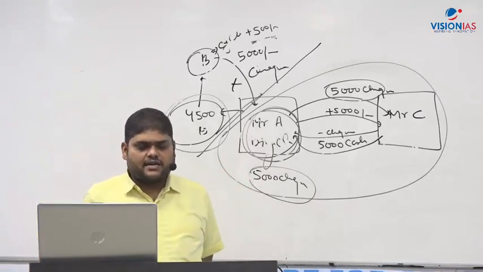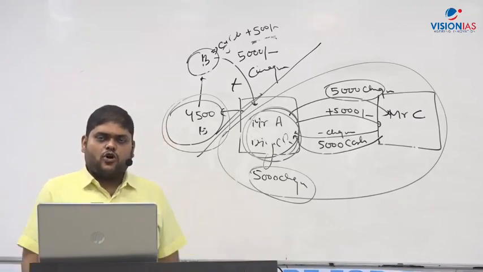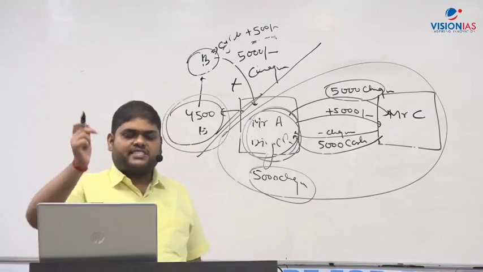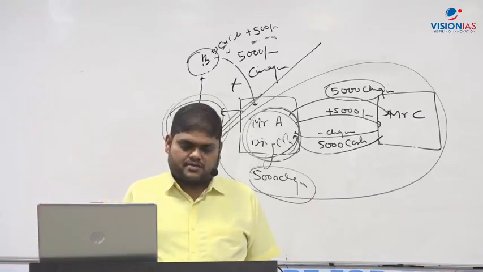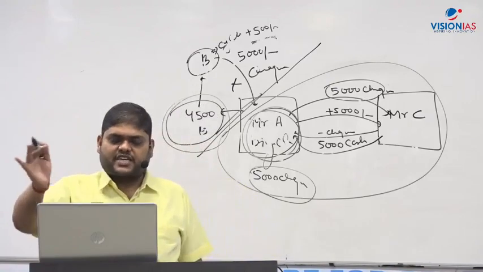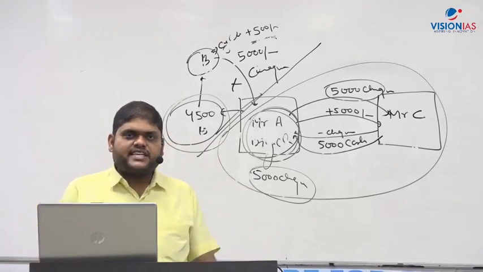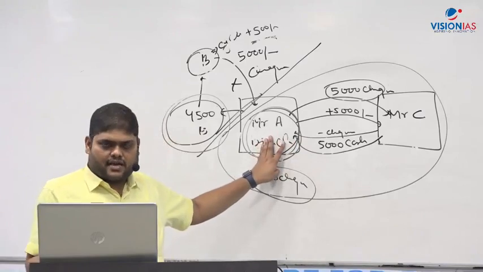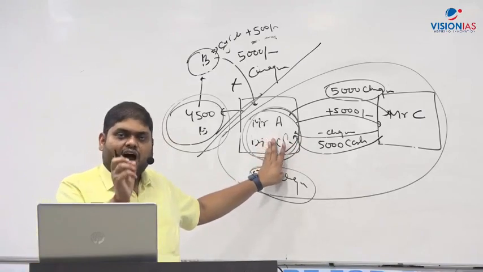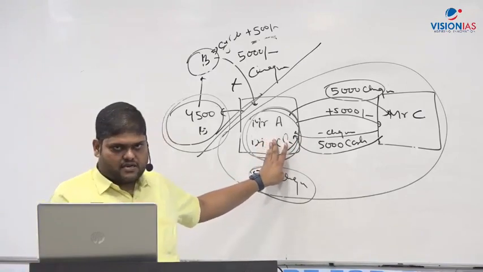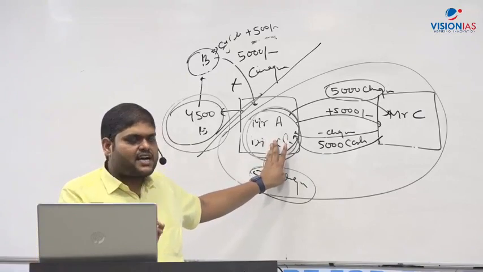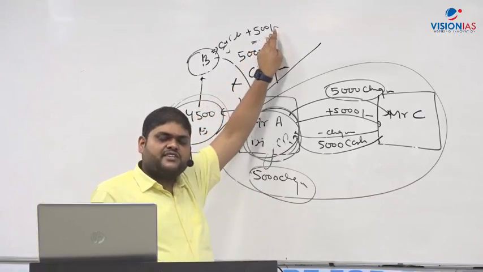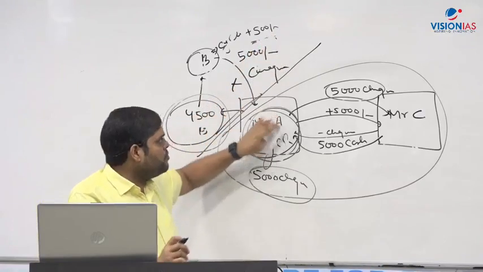No, I can't say, because there is no loss in this case. Might be because of transportation, there might be some loss of 5 or 10 rupees. But there is no loss on the check because that check doesn't belong to Mr. A. Now the question is, how is Mr. A getting that check? Mr. A is getting that check after giving the 4,500 rupees bicycle and 500 rupees to Mr. B.